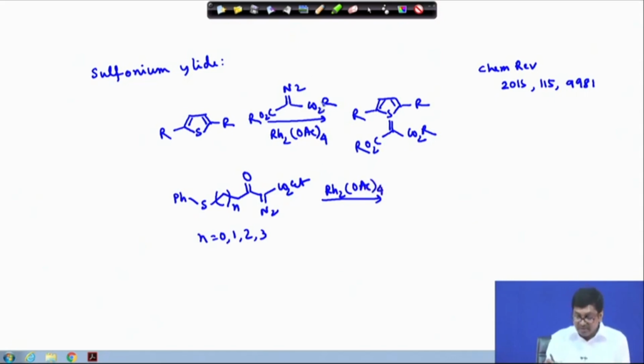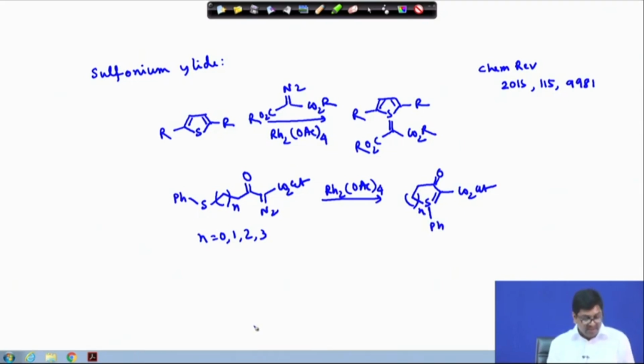In a similar way, the diazoester that reacted in an intermolecular way, here it will react in an intramolecular fashion to provide the corresponding sulfonium ylide.